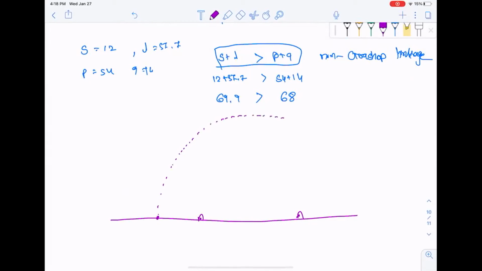I'm right now just tracing a path for the longest link, that is 57.7, and this was 54. So this is the path through which my longest link can travel.